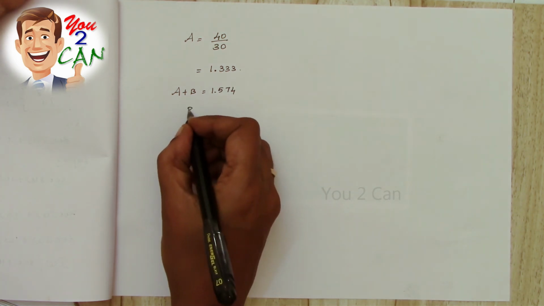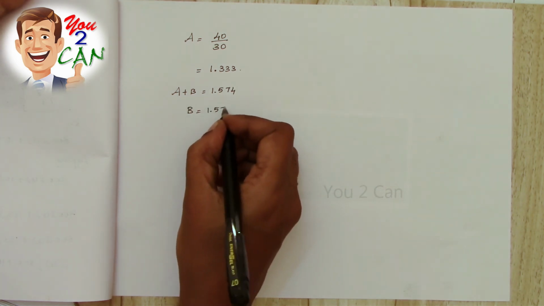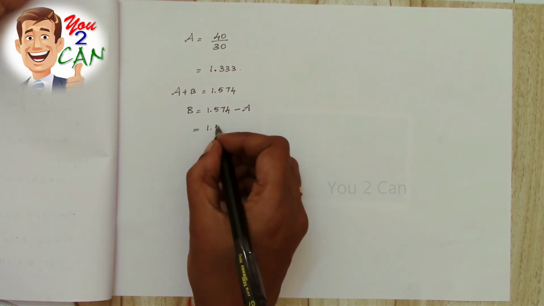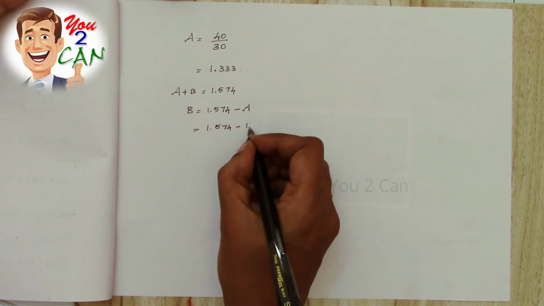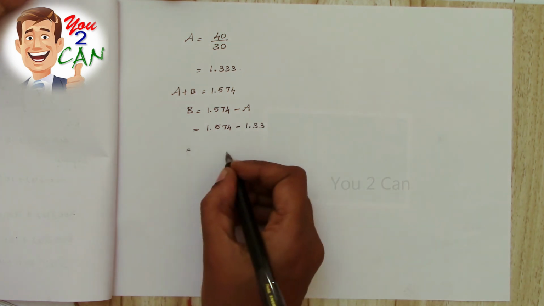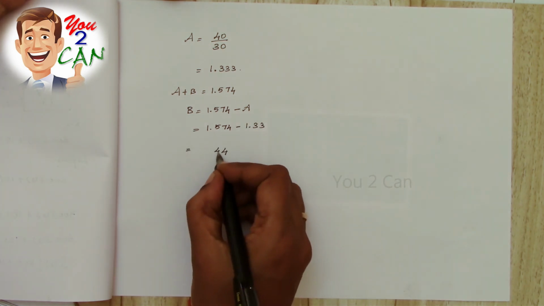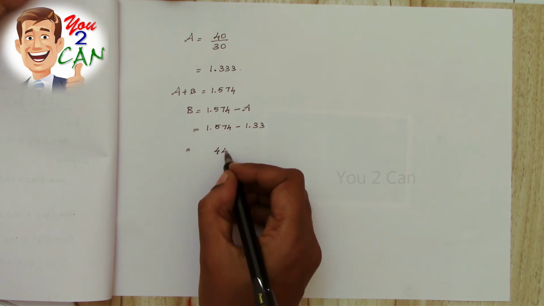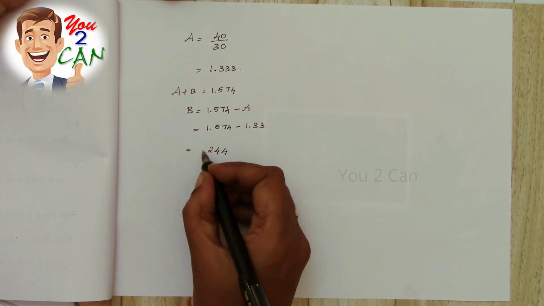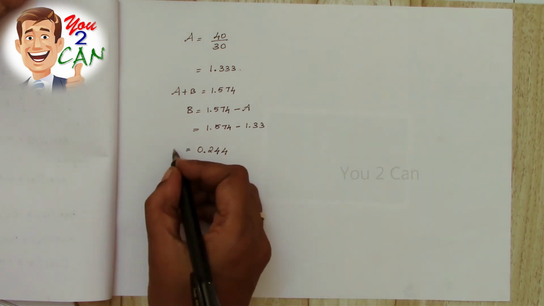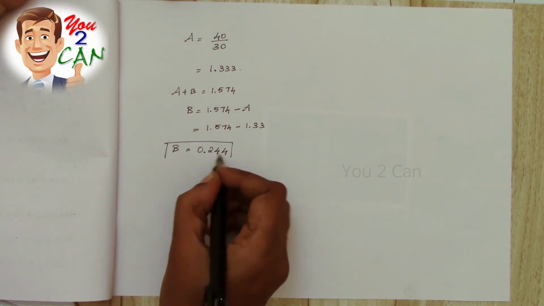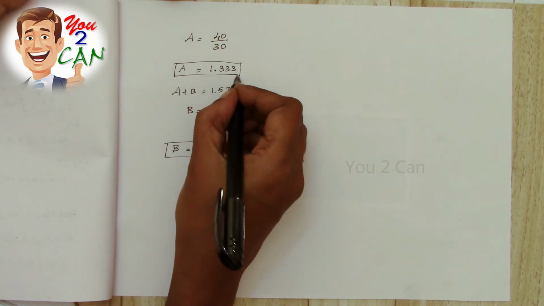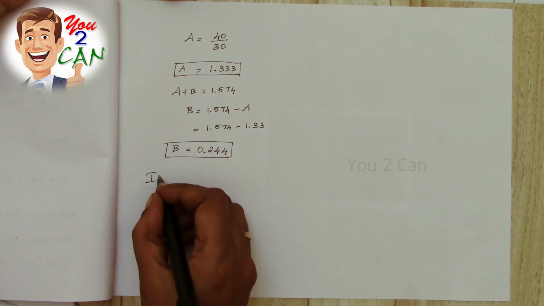So b equals 1.574 minus a, that is 1.574 minus 1.333, which will be 0.244. So b is 0.244 and a is 1.333.